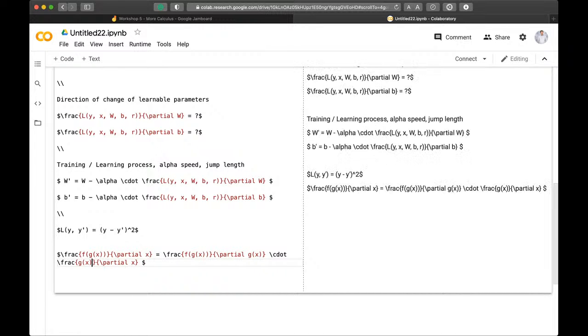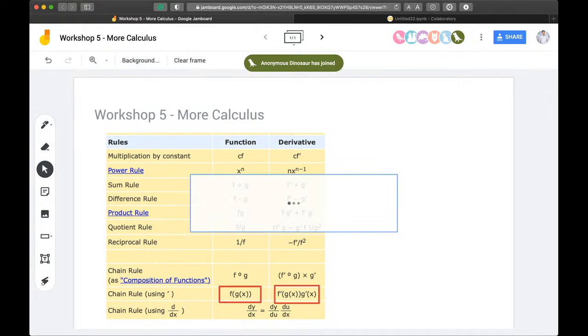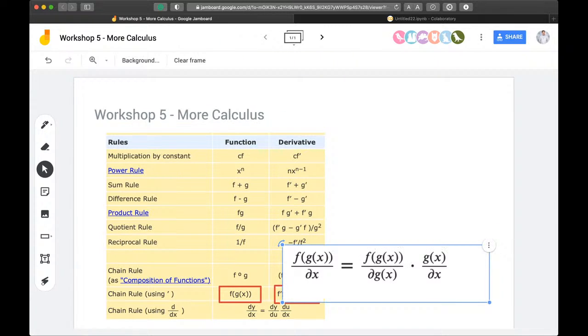So I will copy this and move it here to make it clearer.